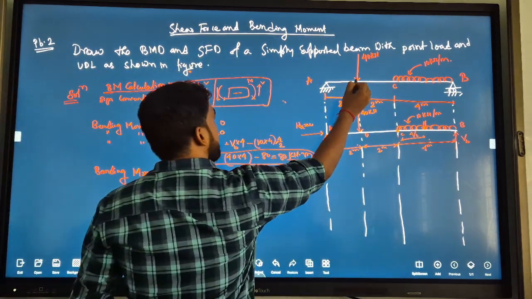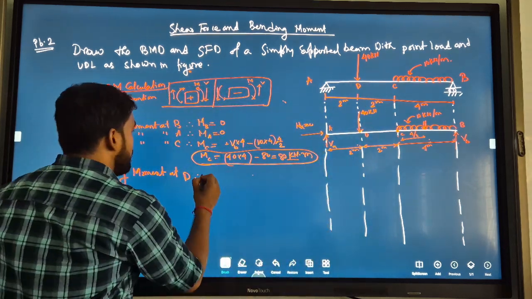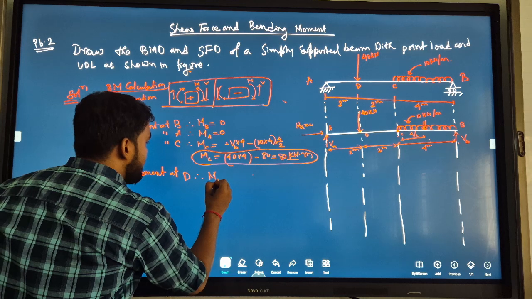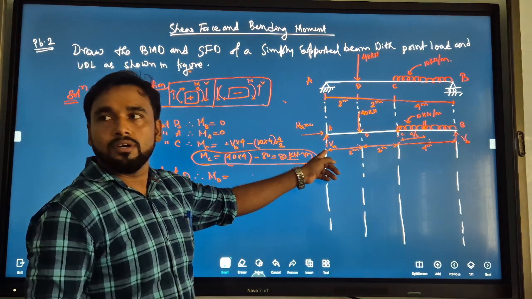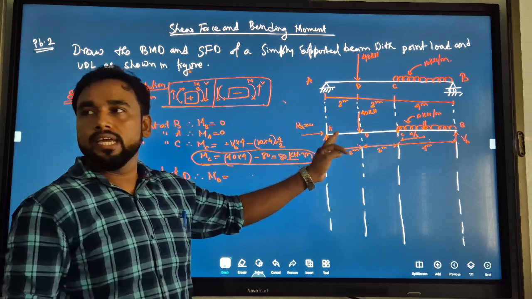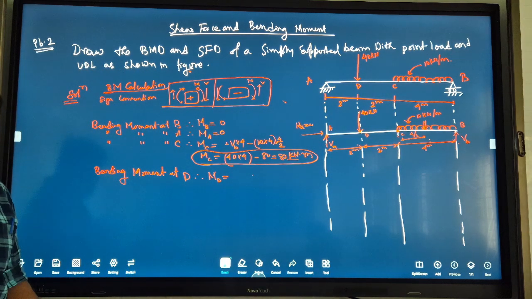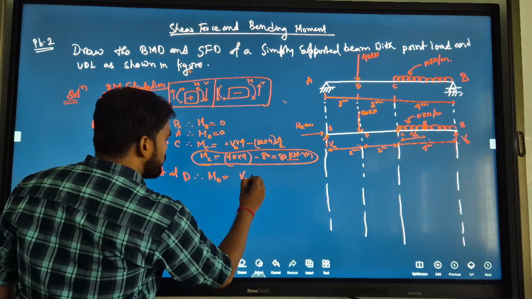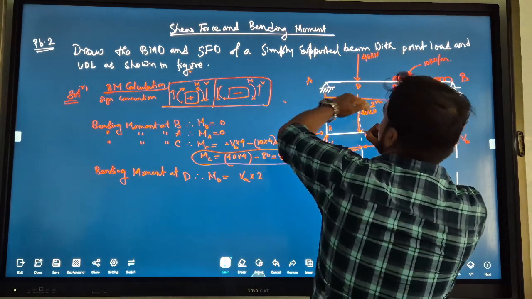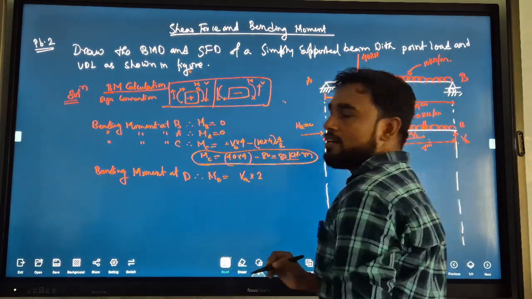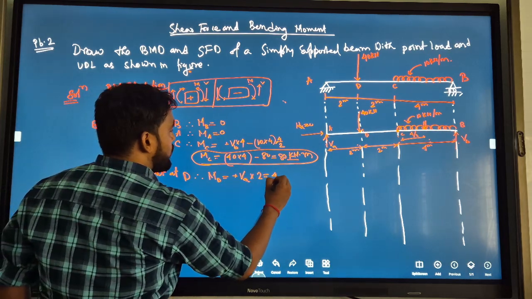Now you stand here, look towards A. Only one vertical force, only VA. So what will be the value of moment? VA into 2. Clockwise rotation, plus. That means 40 into 2.